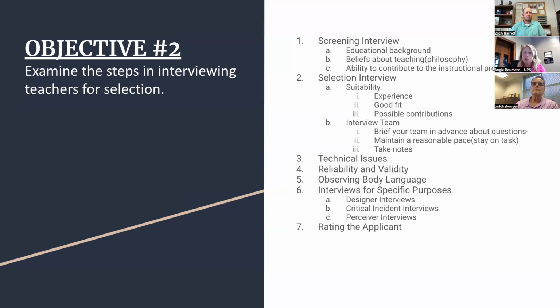The next piece then will be a selection interview. So you're trying to find out if someone is a suitable fit in your district, looking at their experience. Are they a first-year teacher that has some strong qualities versus a tenured teacher that's been in a similar situation for what you're filling? Really knowing that experience does make a big difference.